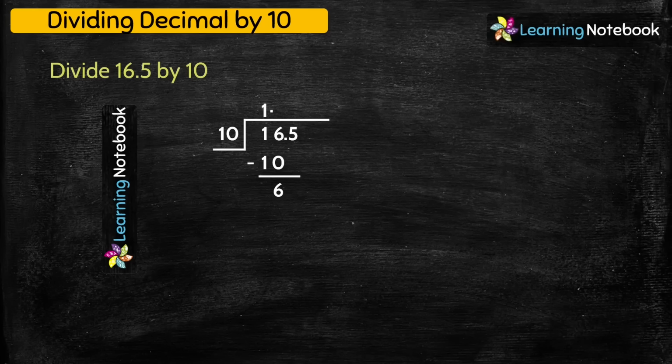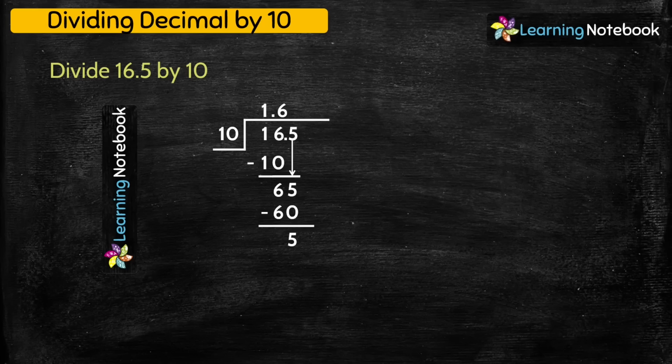So let's put the decimal point in the quotient. Now let's continue with the division. For this, we will copy next digit 5. Now we have to divide 65 by 10. 10 into 6 equals 60. And 65 minus 60 equals 5.